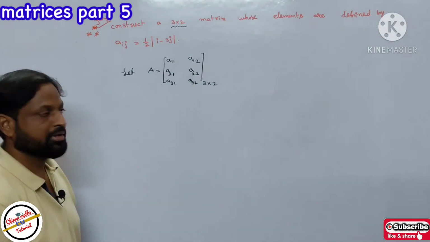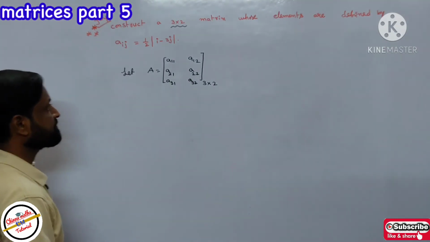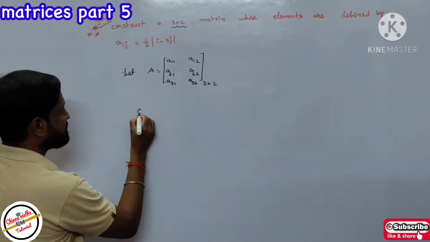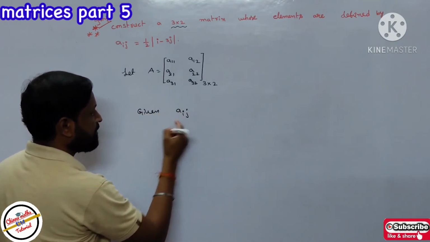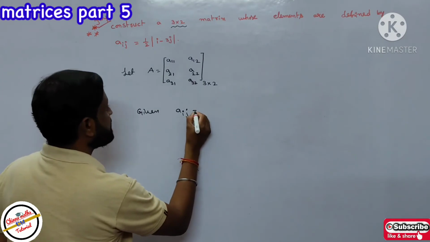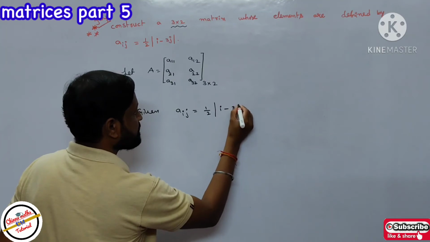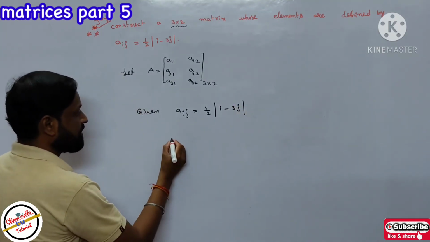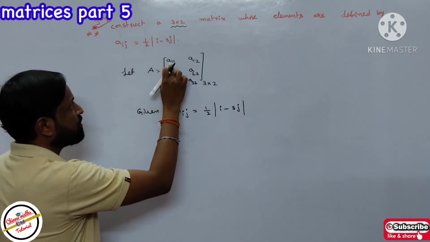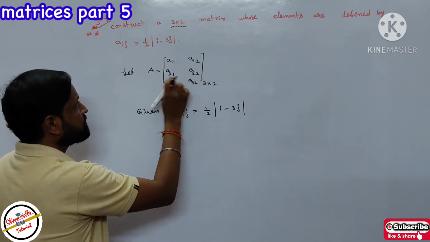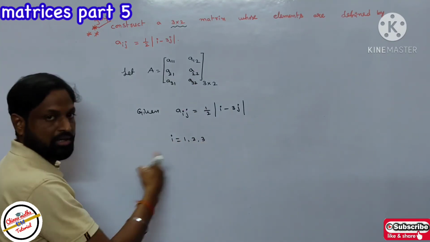Already we know the meaning of these. Next, the given condition: a_ij equals 1 by 2 into modulus of i minus 3j. Here i means rows, j means columns. The row values are 1, 2, 3.